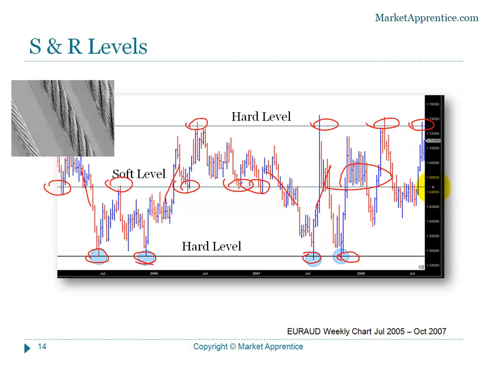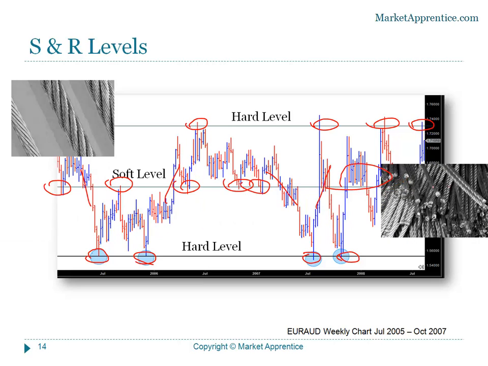Now, using the analogy that I had just now, the hard level is a strong and big fat metal cable, whereas the soft levels are just tiny little cables hanging around, so the price can bounce off them very often.